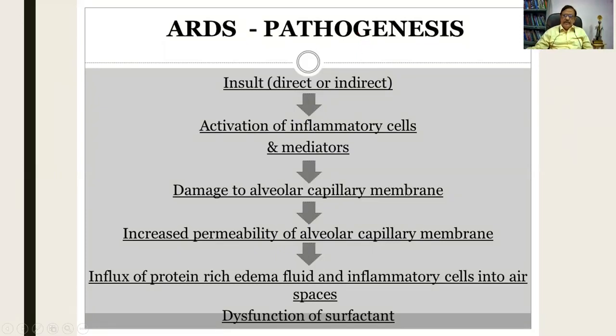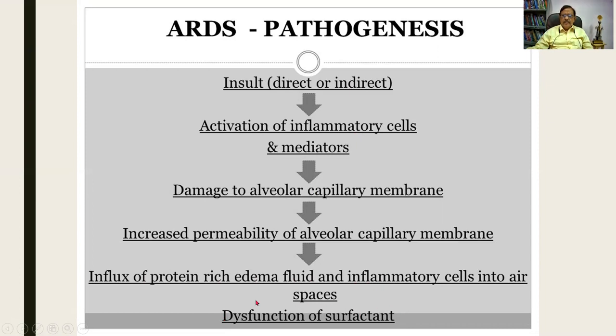And the pathogenesis, you people can just go through it. There is an insult which can be direct or indirect. Activation of the inflammatory cells and the mediators, which cause damage to the alveolar capillary membrane. Increased permeability of the alveolar capillary membrane, and there is a protein-rich edematous fluid that is entering the lung.